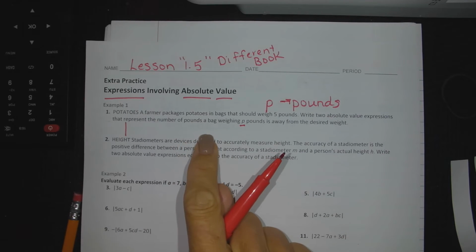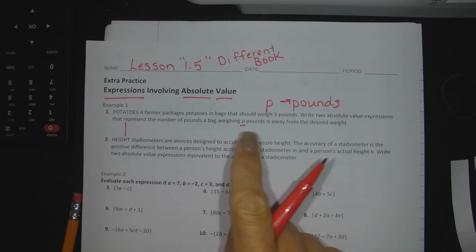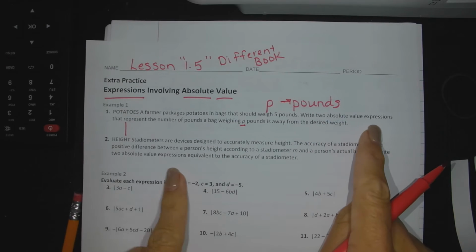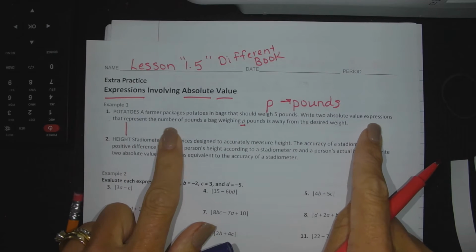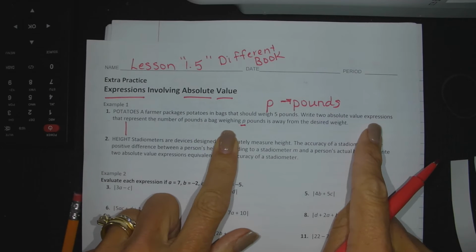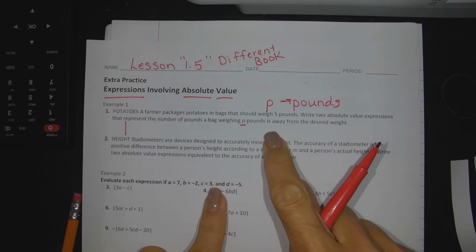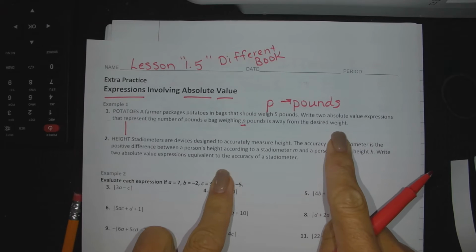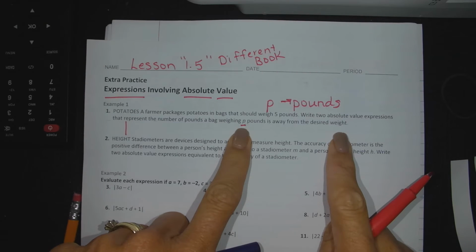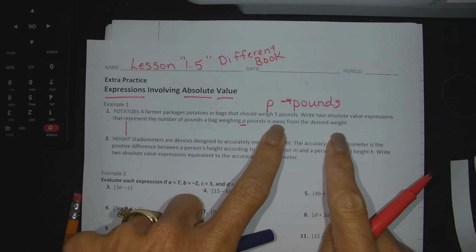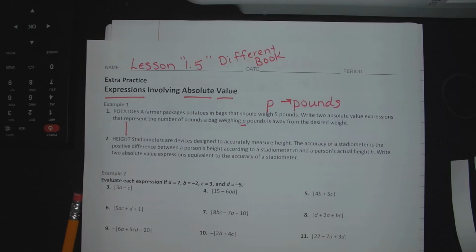Okay, look at your sheet. We're at number 1. Write two absolute value expressions that represent the number of pounds a bag weighing P, which is just your amount, is away from the desired weight. The desired weight is 5 pounds, but it's not exactly. If you put it on a scale, it may not be exactly 5 pounds.